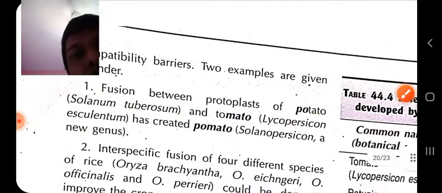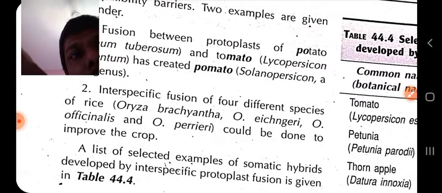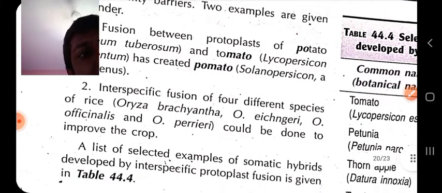Okay, second example, let us see. Interspecific fusion of four different species of rice. Interspecific means between species. Four different species of rice are being fused: Oryza brachyantha, Oryza schlechteri, Oryza officinalis, and Oryza perrieri, to improve the crop.